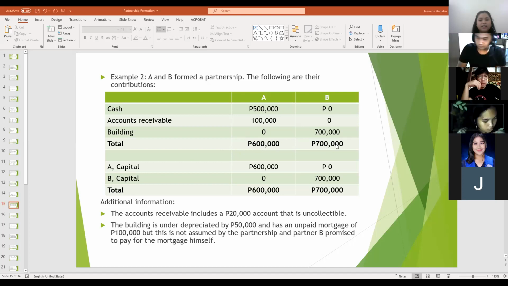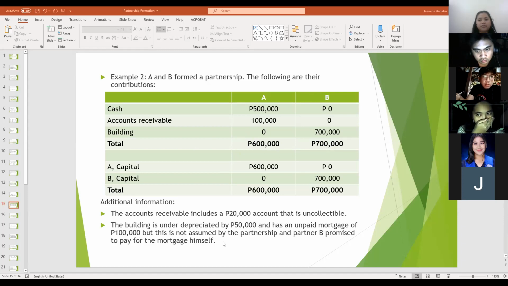So, total is 600,000 for A, 700,000 for B. Additional information. The accounts receivable includes a 20,000 account that is uncollectible. The building is under-depreciated by 50,000 and has an unpaid mortgage of 100,000, but this is not assumed by the partnership and partner B promised to pay the mortgage himself.